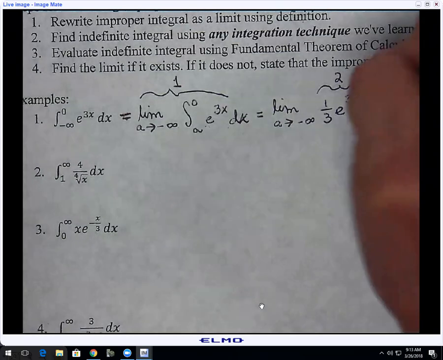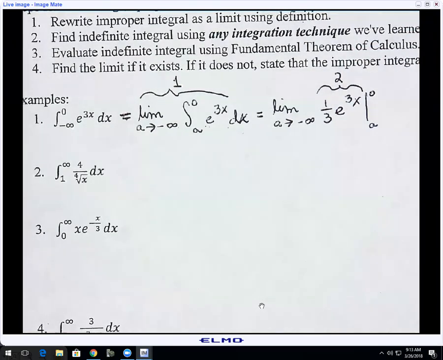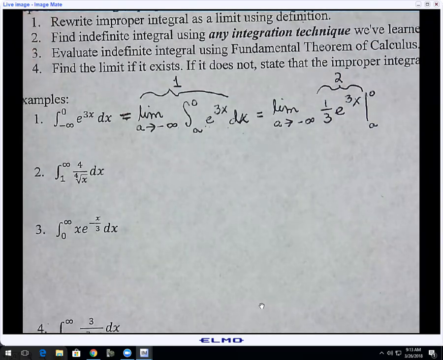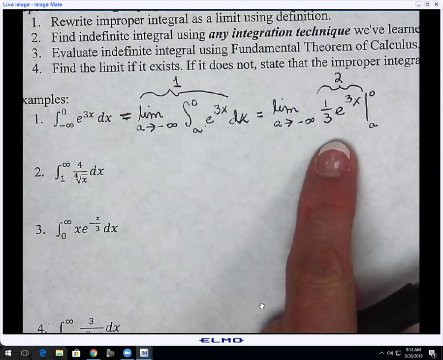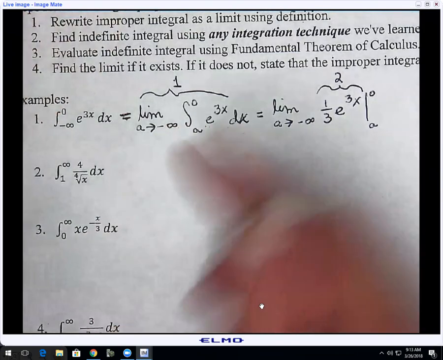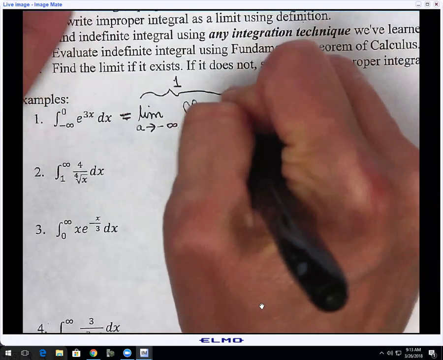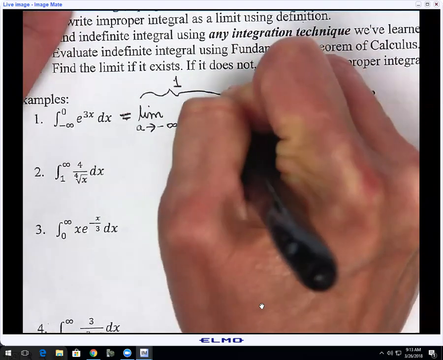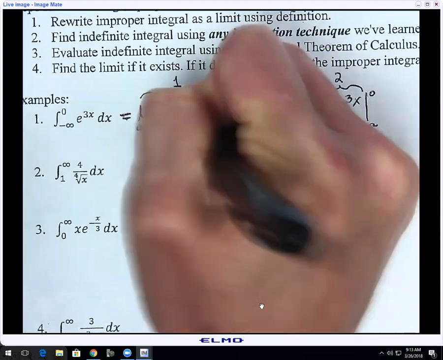Step 3 is evaluate that from a to 0 using the fundamental theorem of calculus. You've got 1/3 on the outside of it to begin with because of the derivative of the e to the 3x. And actually, in the homework, I started in this step right here, going ahead and making that integrable by putting the 3 there and the 1/3 there in step 1.